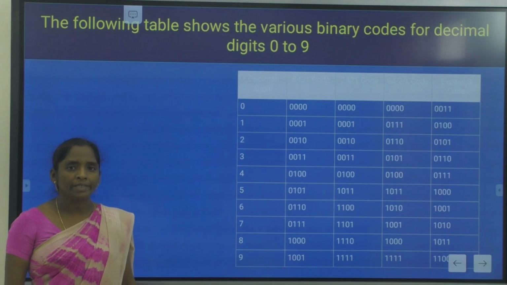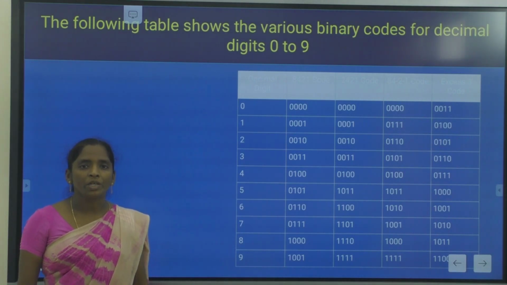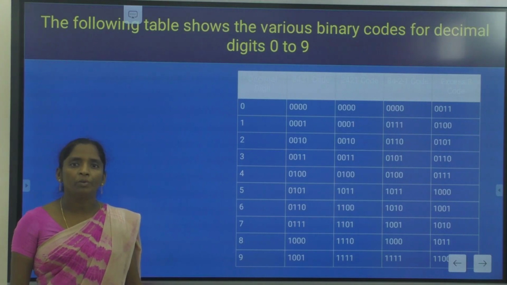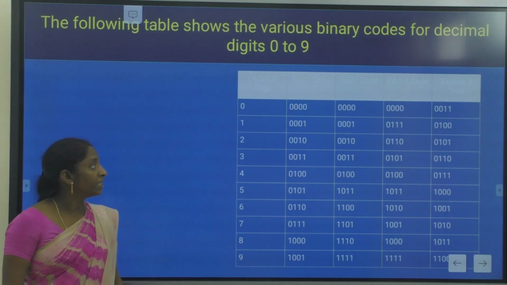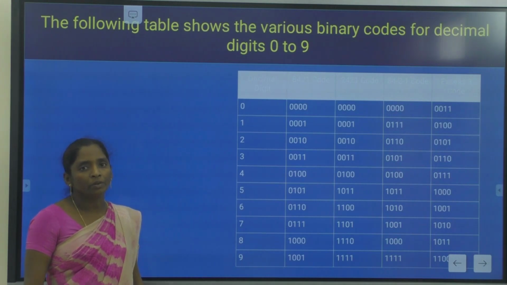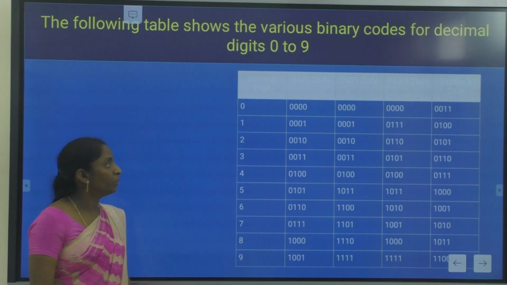The first one is BCD code. The BCD code is called natural code. Here we are assigning 8421 positional values to the bits. So this is the 8421 code, BCD 8421 code. Here we are taking decimal digits 0 to 9.